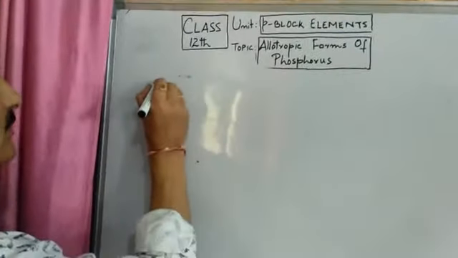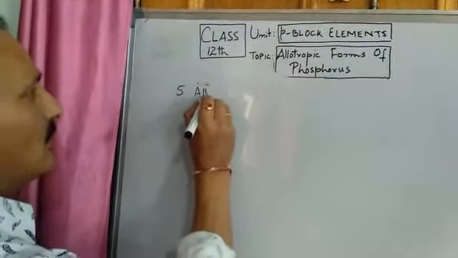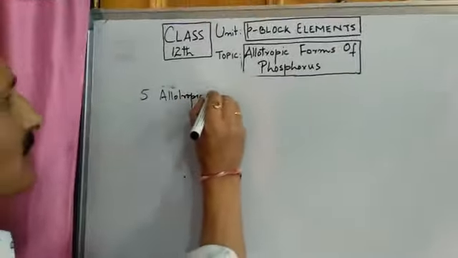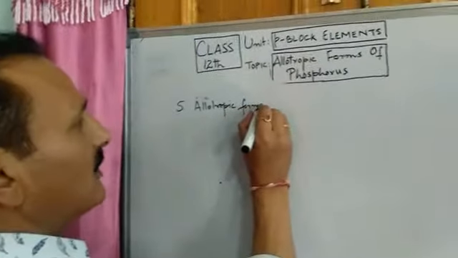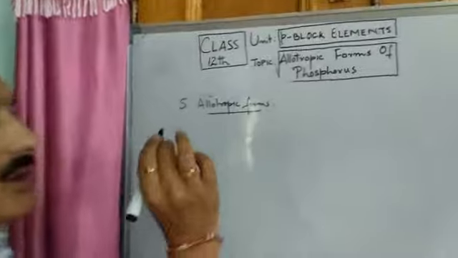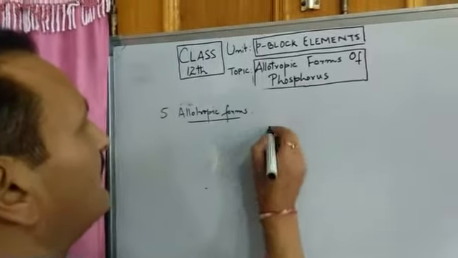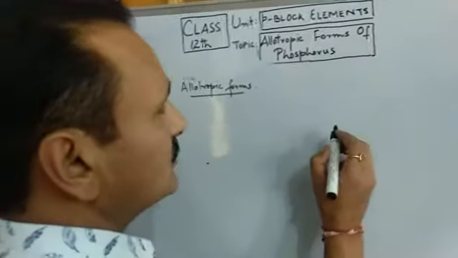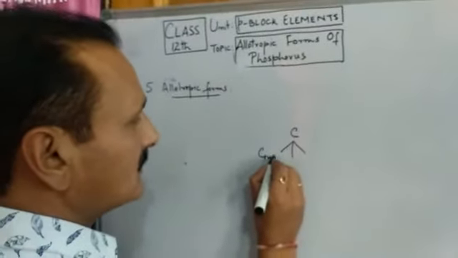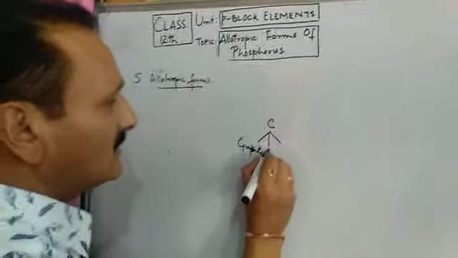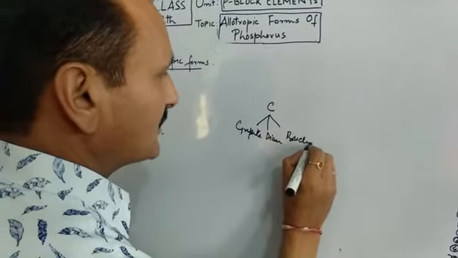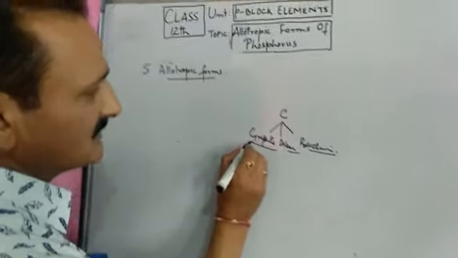Phosphorus has 5 allotropic forms. Now what are allotropic forms? Allotropic forms are forms of the same element having the same chemical constitution. For example, if we take carbon into consideration, it exists as graphite, as diamond, as Buckminster fullerene. Now what is the difference between these?